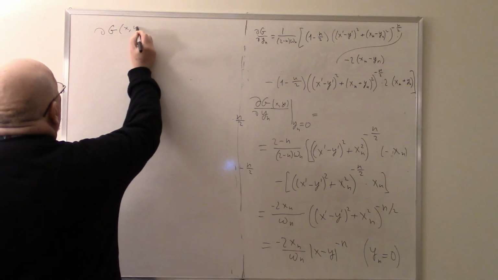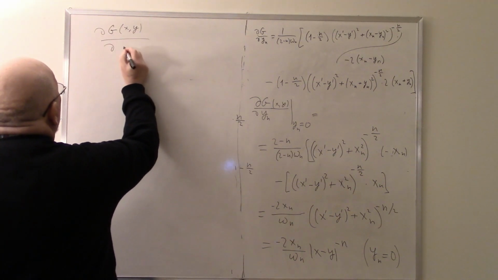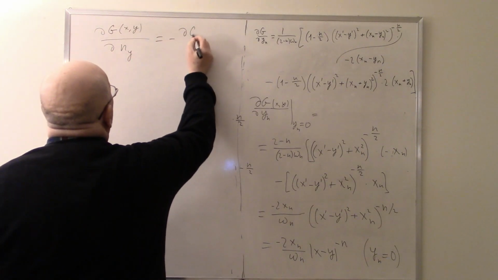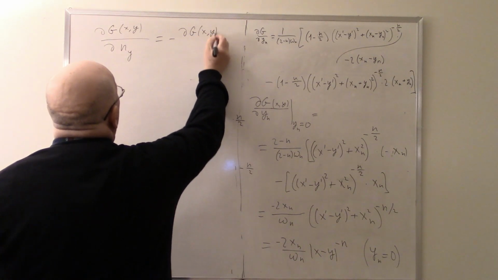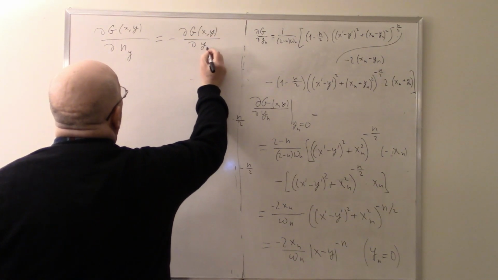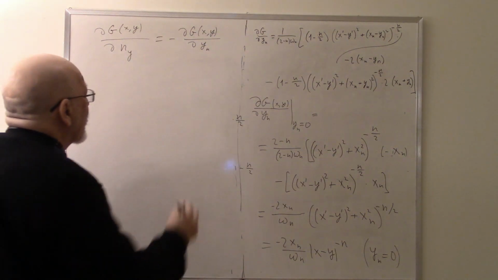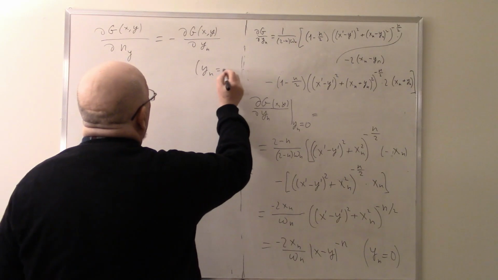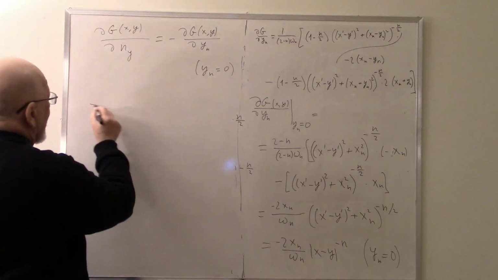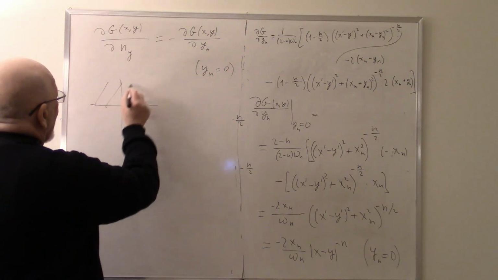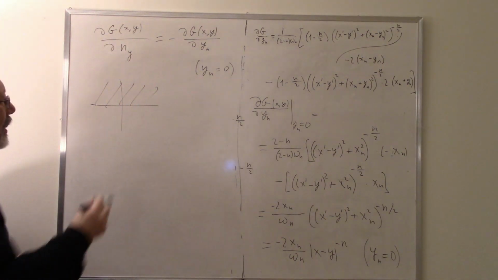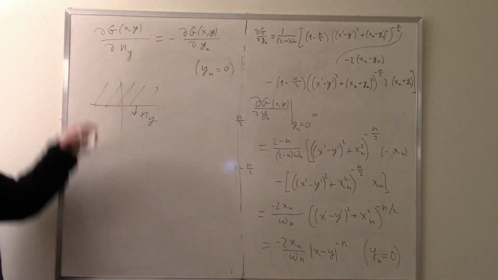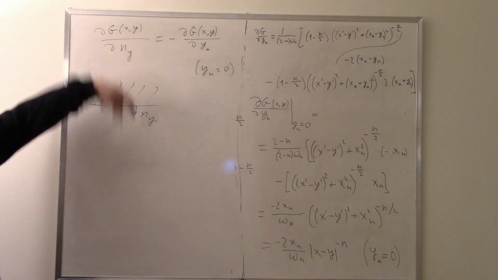And the last stroke is that dg over dn at the point y equals minus dg over dyn, yes, if yn equals 0. The same picture: it is the upper half-space, and the normal looks out of this domain, so it looks down.